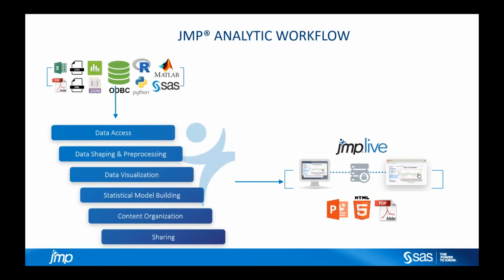And this is sort of the typical JMP analytic workflow. We can pull data in from just about anything. Earlier it was mentioned that prep is going to take ages, tedious beyond belief in R. That is one of the areas that a commercial off-the-shelf tool like JMP can really help you do that quickly.